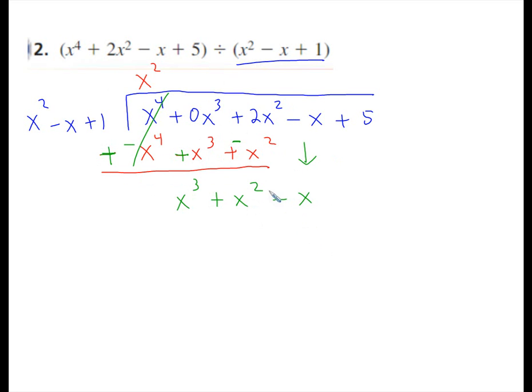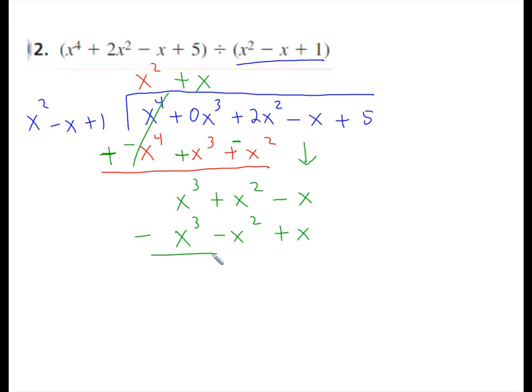Repeat the process. Something times x squared will give us x to the third. So it looks like that's going to be positive x. Okay? So I multiply, and I end up with x to the third, multiply here, that becomes negative x squared, multiply here, that becomes positive x.